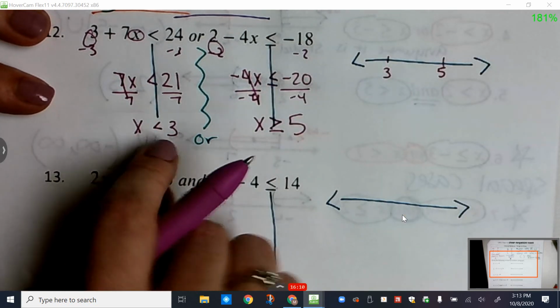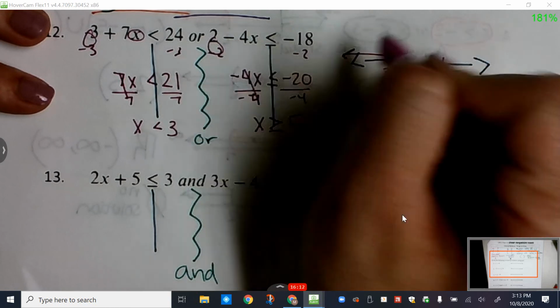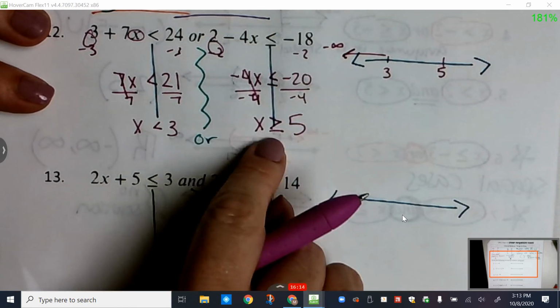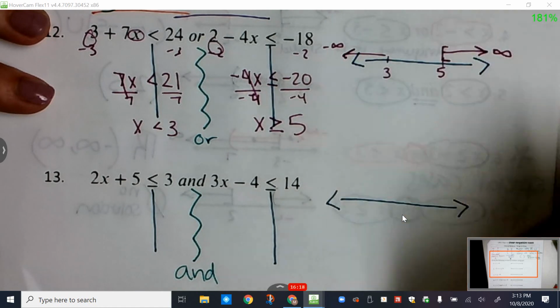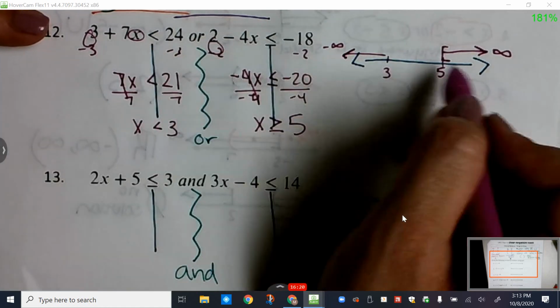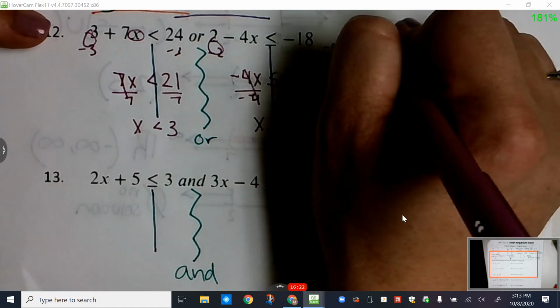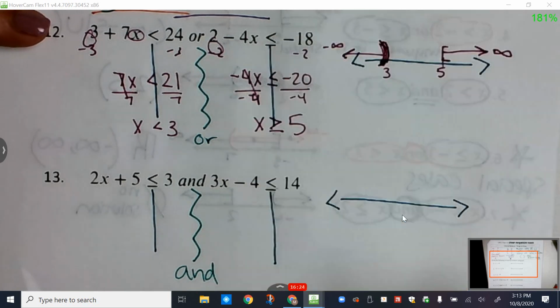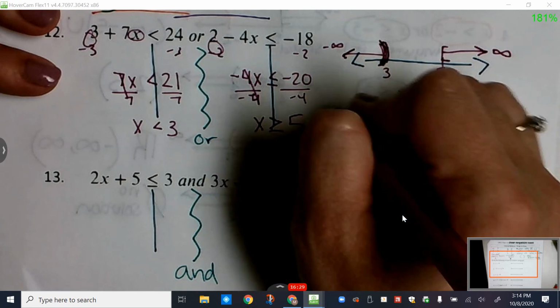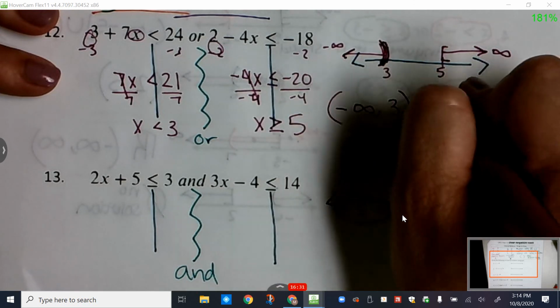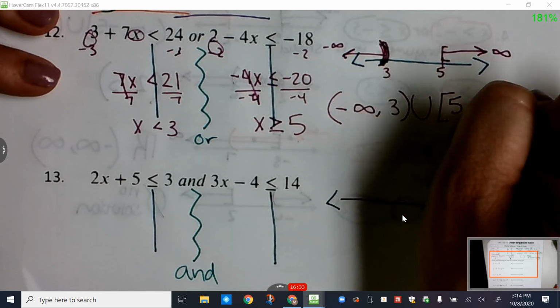X is less than 3. X is greater than or equal to 5. So this is or, so it's okay that they don't touch. Oop, parentheses. Ooh, if I can draw parentheses. Okay, so negative infinity to 3, or 5 to infinity.